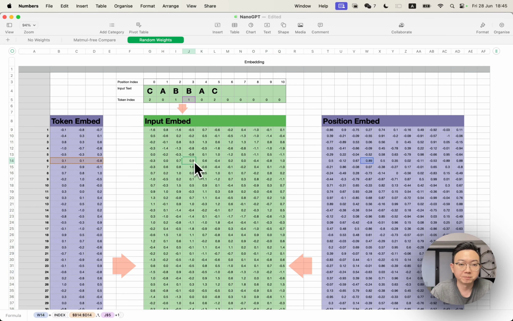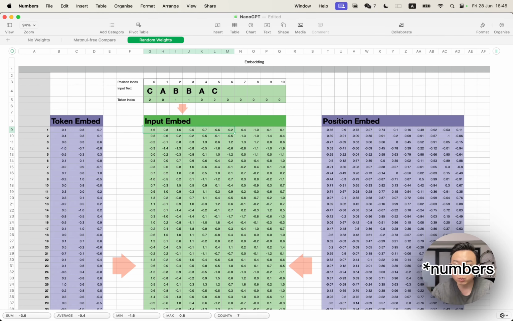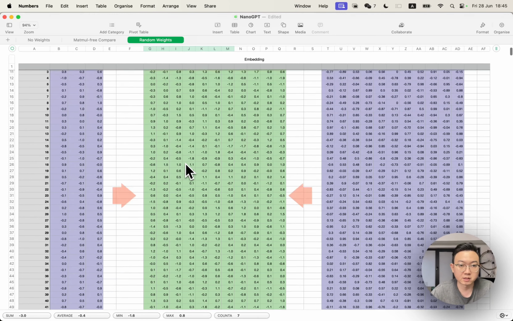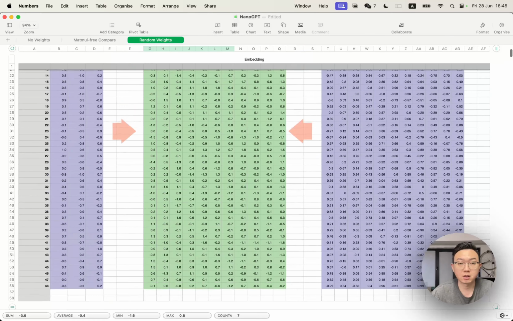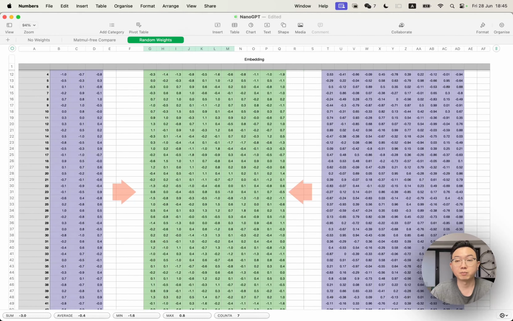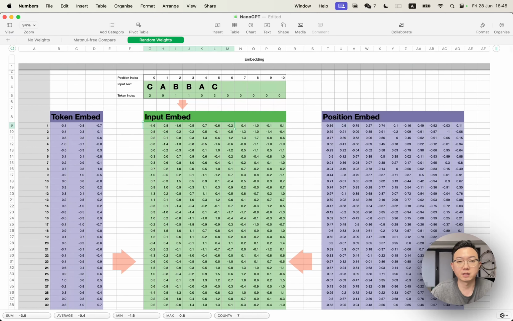And each row is basically a certain dimension. We're using these words to represent CABBAC. But obviously in this case, we have 48 dimensions. So 48 different perspectives to represent these 6 letters, if that makes sense.